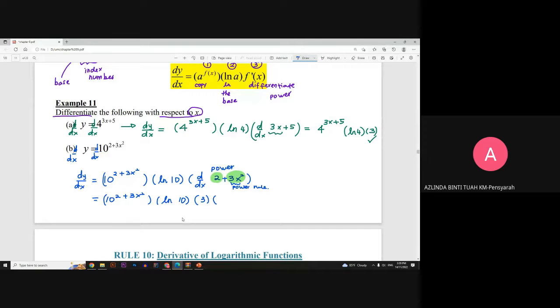Differentiate x power of 2, bring down the power, minus 1, differentiate the function x. Therefore, what can we simplify here? 3 times 2 is 6, 6x, ln 10, and 10 to the power of 2 plus 3x squared.